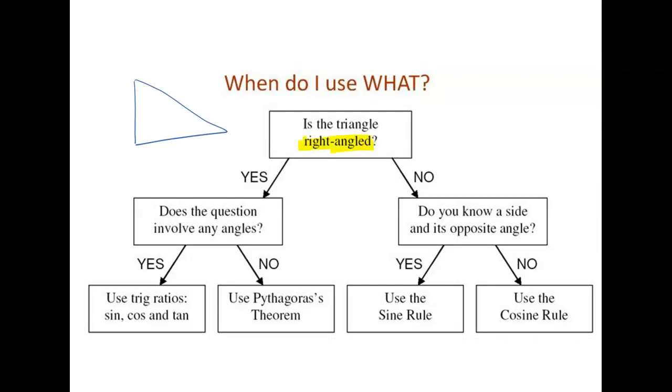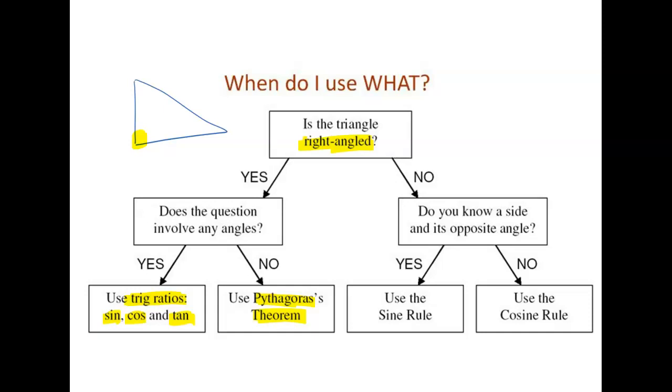Okay, if it's a right angle triangle, meaning it has that 90 degrees down there, then you're going to use ratios: sine ratio, cos ratio, and tangent ratio, like SOHCAHTOA. Although sometimes with a right angle triangle, you don't even need these ratios. Maybe you're just looking for the side lengths, and then you would use the Pythagorean theorem, okay?